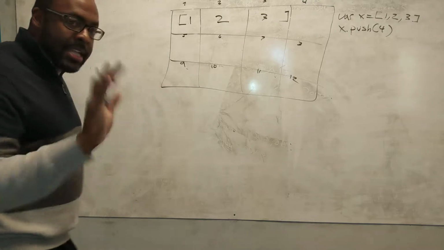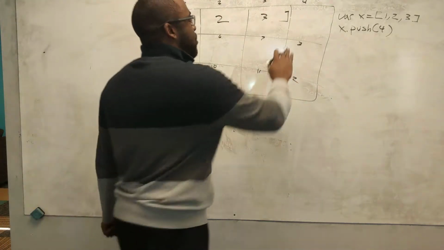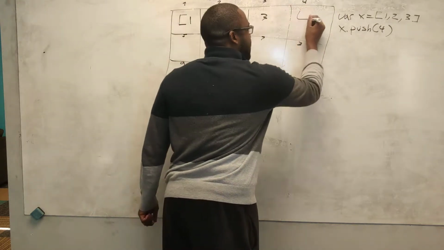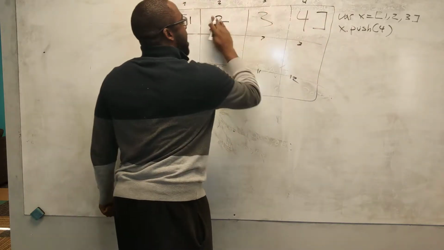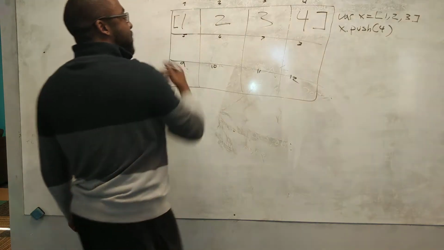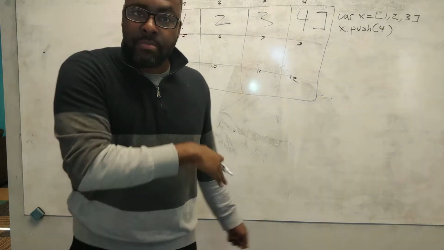Well, remember what I said, that our values here need to be continuously stored in memory. So our computer will say, okay, here's the next value. I can put value 4 here, and make this just a little bit bigger. I'm going to push it there, and that works fine, right? Well, for that example, that worked perfectly.